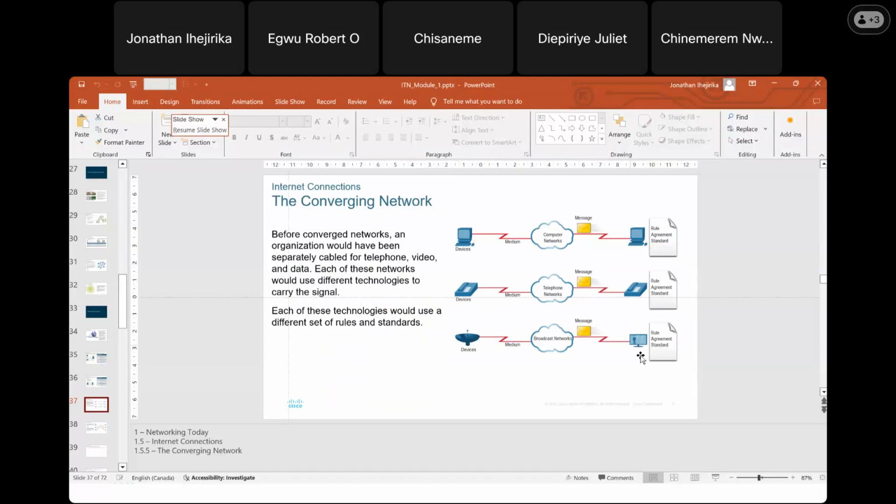So converged data networks carry multiple services on one link, including data, voice, and video. Converged networks can also deliver data standard. For instance, you see these different communication devices we have here.